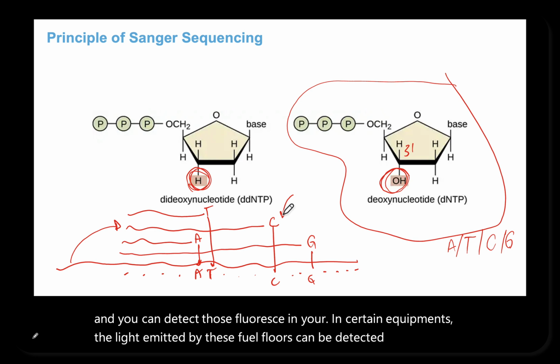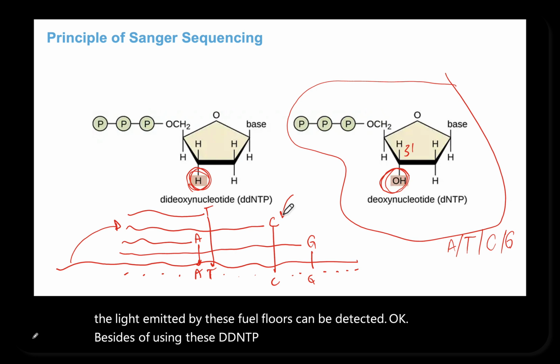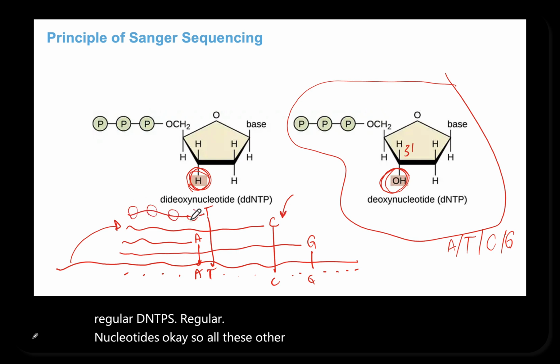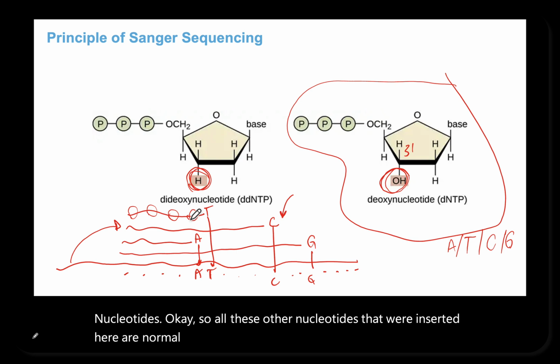Besides using these ddNTPs, as you can imagine, you also use regular dNTPs, regular deoxyribonucleotides. All these other nucleotides that were inserted here are normal deoxynucleotides, normal dNTPs.